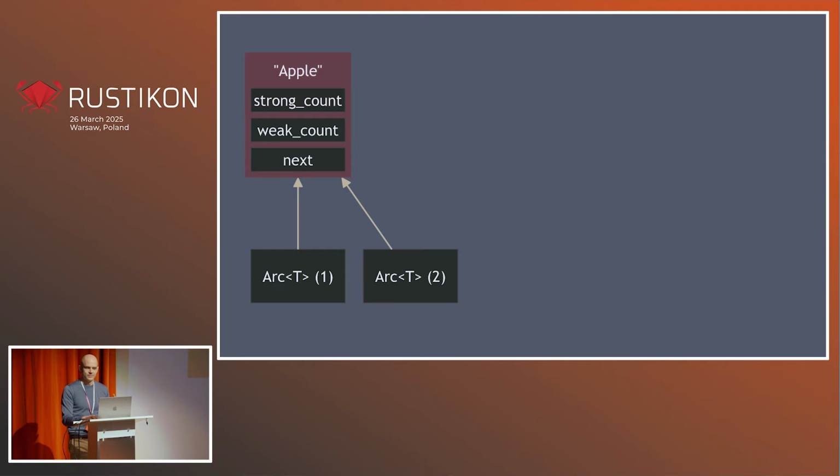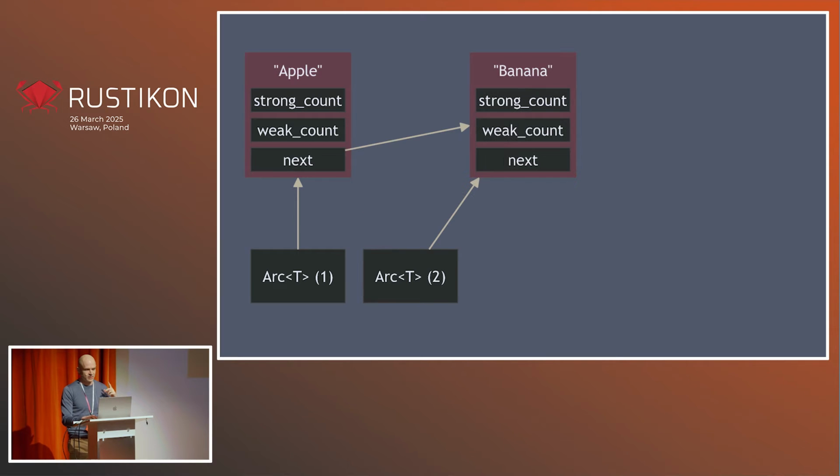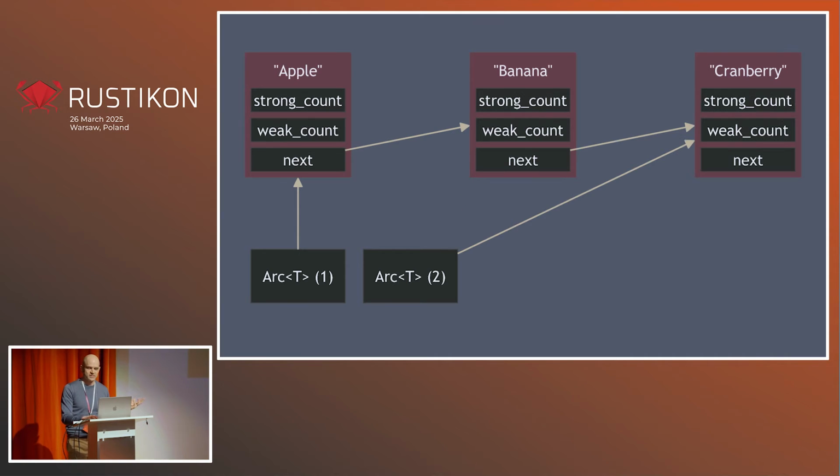Now consider this case. We have two Arc instances sharing the apple. Arc2 updates the apple to banana, and then for some reason we hot reload again and it updates to cranberry. But the first instance hasn't yet been accessed, so it's still pointing at apple. Now in this case, we could deallocate banana.